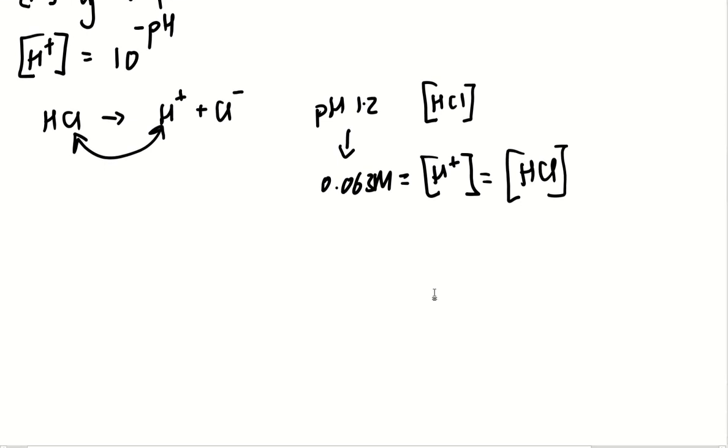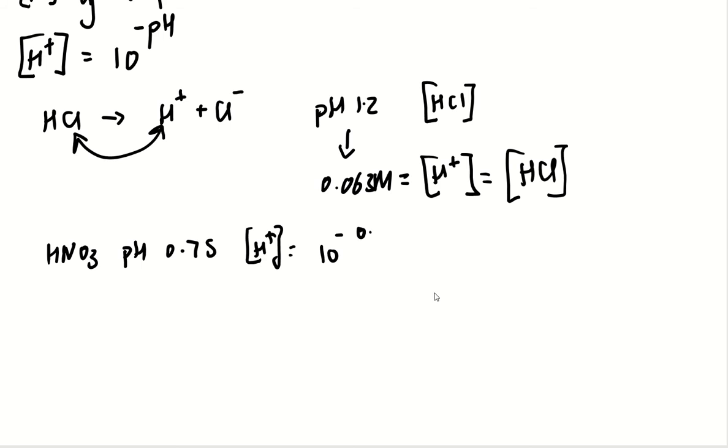So again, I'll stick a couple of these on the board, and you can have a go at them, and just check that you're fine. So we'll take nitric acid. We want to calculate the concentration of the nitric acid. It has a pH of 0.75. So I go hydrogen ion concentration equals 10 to the minus 0.75.